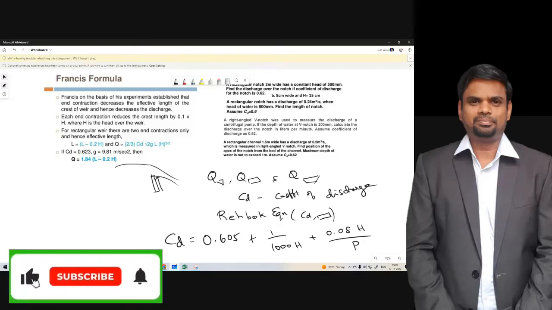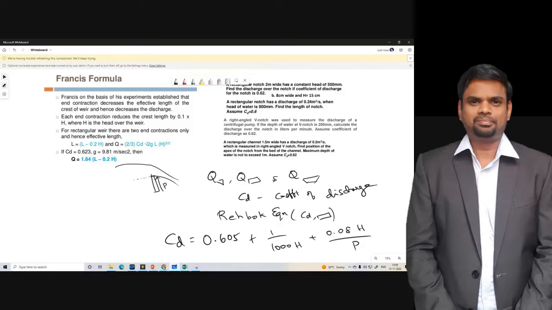So this height is called P, and this height is called H. So we have H and P as the parameters. H is the level of the liquid on the upstream side, and P is the height of the crest from the bottom.